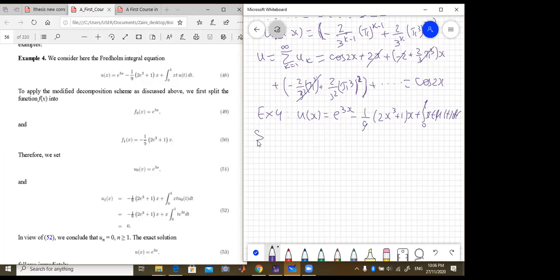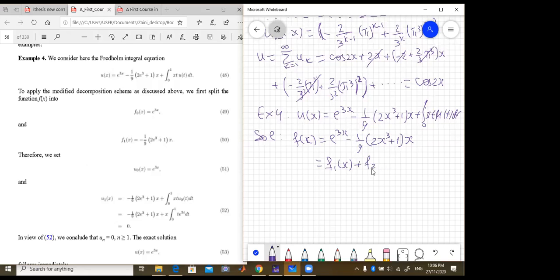Okay, so solution, we have the scheme. Now our f(x) is 1/9 (2x³ + 1)x. Here this function I divide into two: f1(x) plus f2(x).